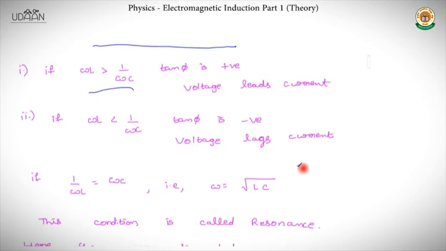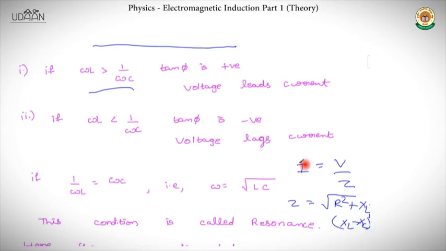Generally, the maximum current in the circuit is given by I equal to V by Z, where Z is called impedance, and Z is nothing but under root of R square plus XL minus XC whole square. And this Z will be minimum when XL is equal to XC, and if Z is minimum, I will be maximum.